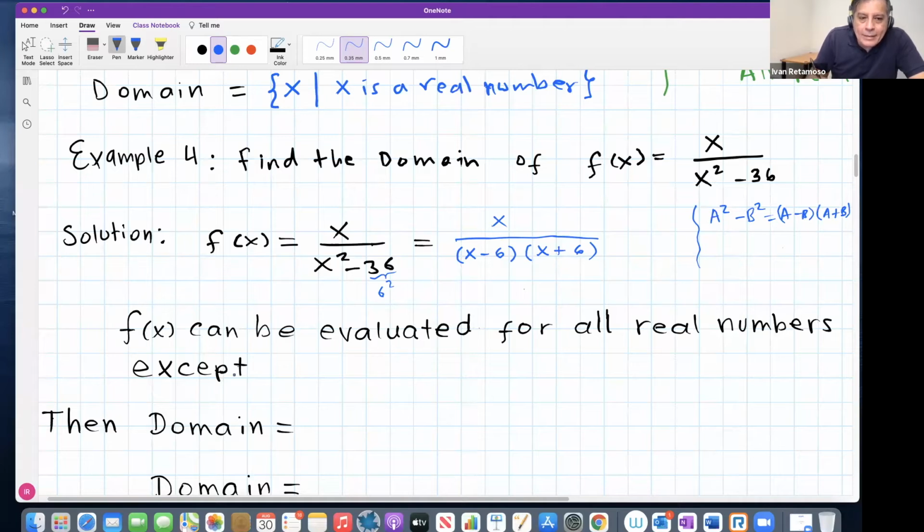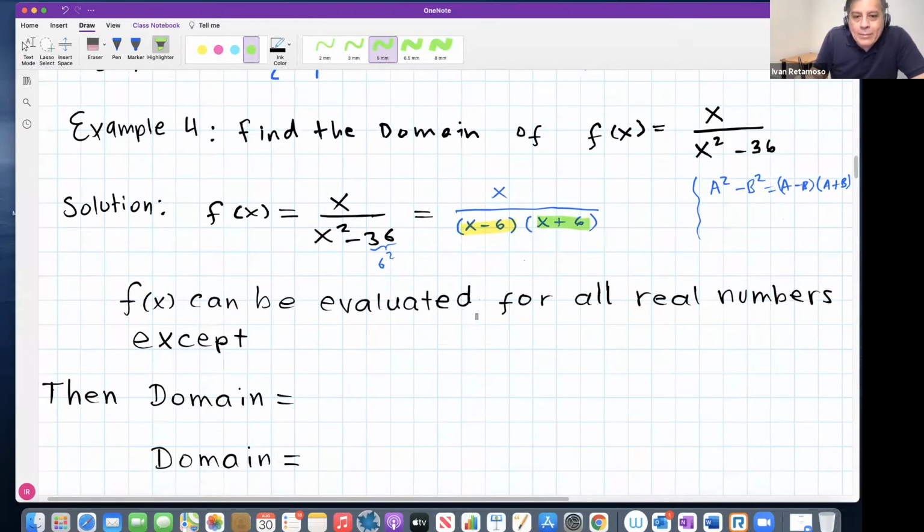Now when you look at these two factors in the denominator, you know how to see that f of x can be evaluated for all real numbers except this one, the opposite of this one, 6.